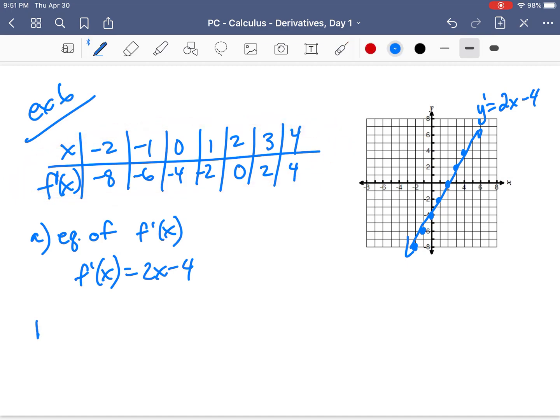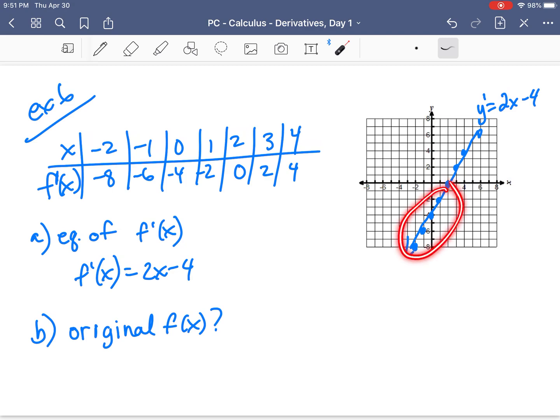So for part B, what would my original function look like? Original f of x. What is that going to look like? Well, my original, let's see. So what happened here was at 2, my derivative was 0.